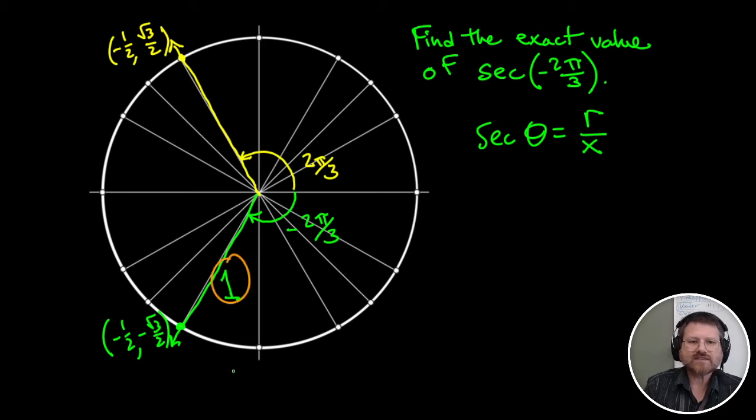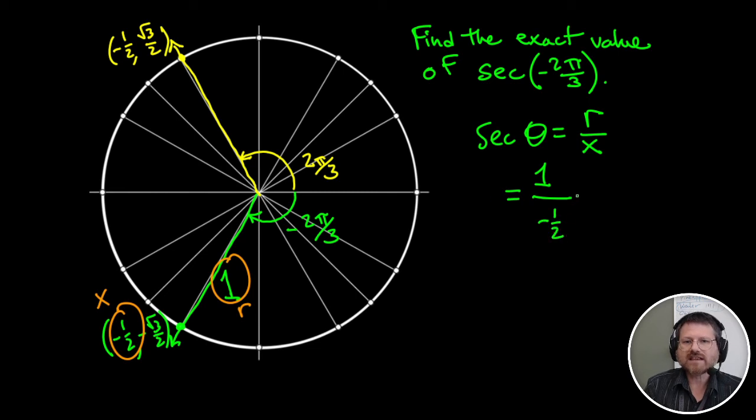So I have all of the information that I need. I have r and I have x. So here's my x, here's my r. So I can go over and plug that in. And so I would have 1 over negative 1/2.